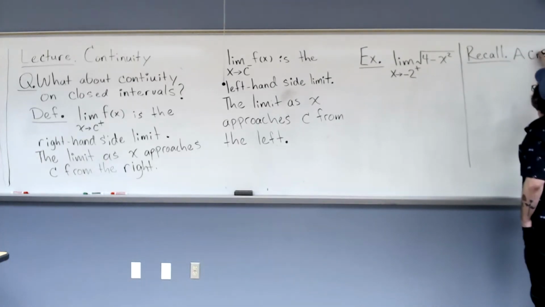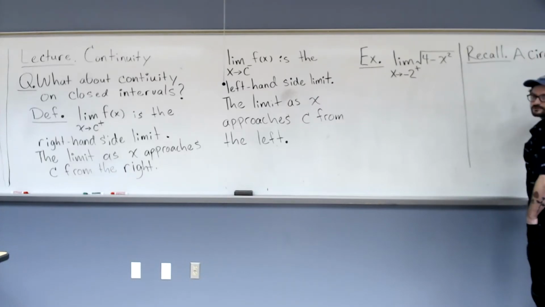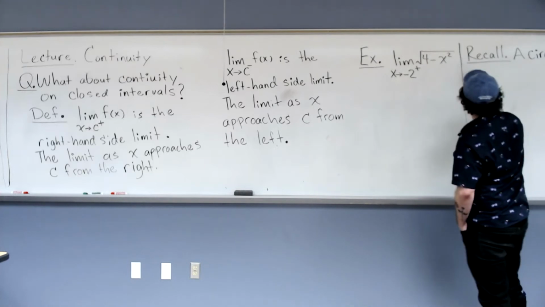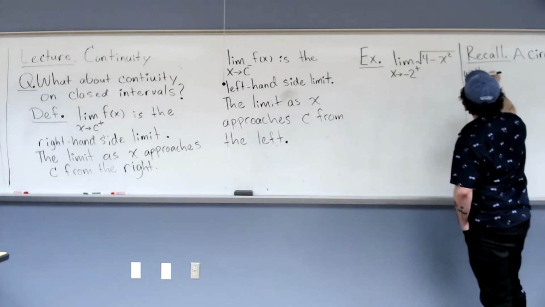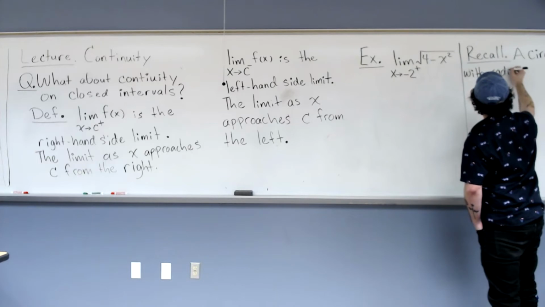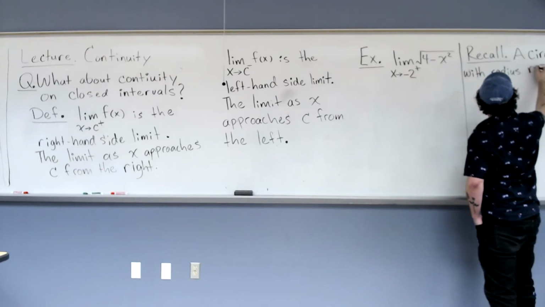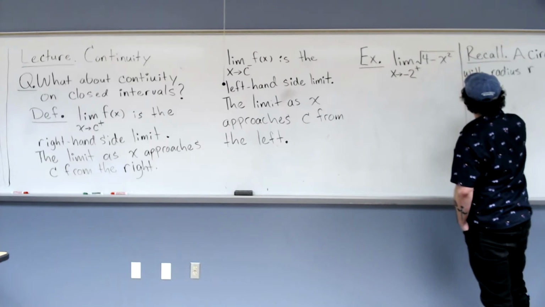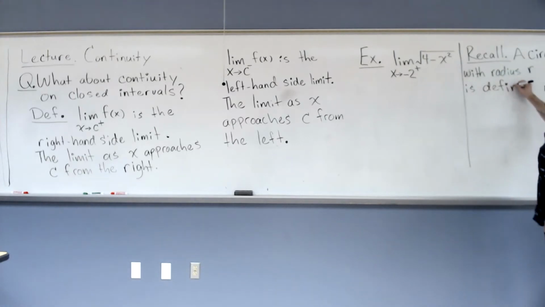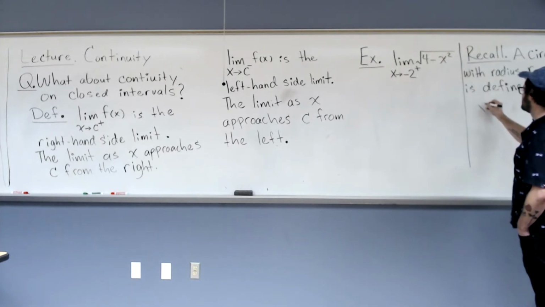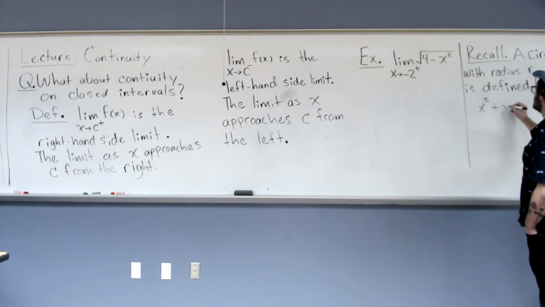So recall, a circle with radius r is defined by x squared plus y squared is equal to r squared.